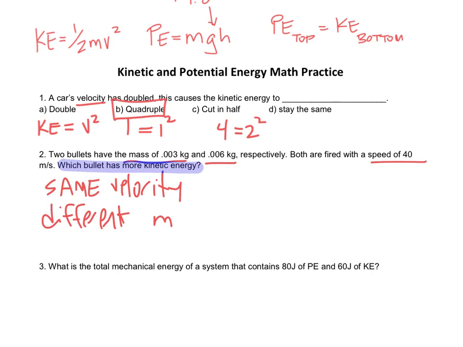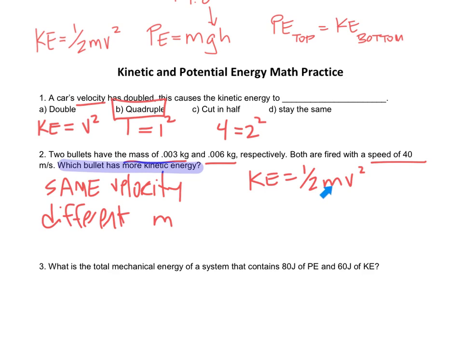Okay, so think of it this way. Kinetic energy is dependent on the velocity of an object. If they are both moving the same velocity, then that's not going to determine which one has more or less kinetic energy. In your equation, kinetic energy equals 1/2 mass times velocity squared. So if the velocities are the same, then your next factor becomes mass.